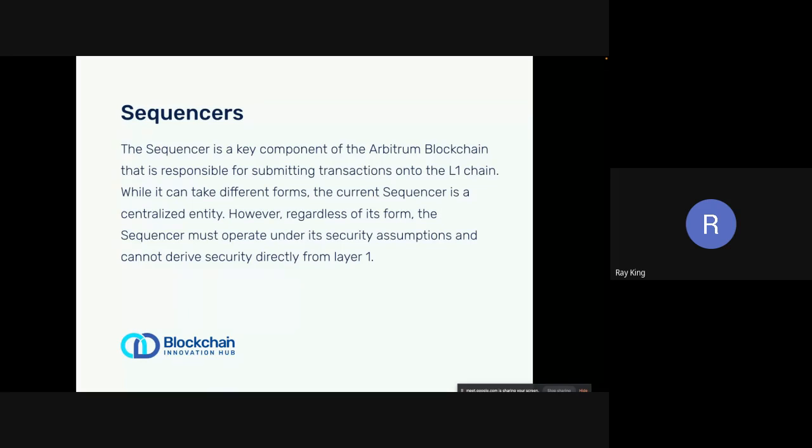So nothing like relying on the security from layer one. It must operate within its own security assumptions. So I think that's why you can't rely on layer one security.